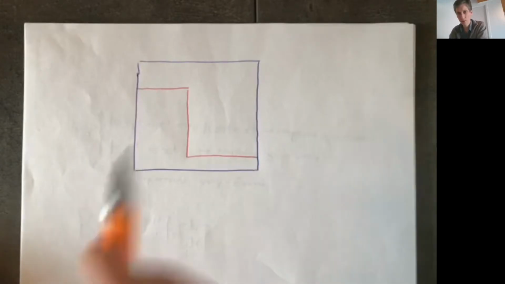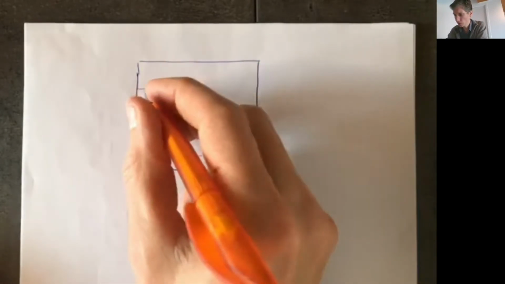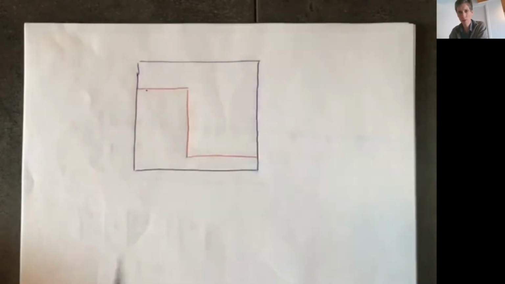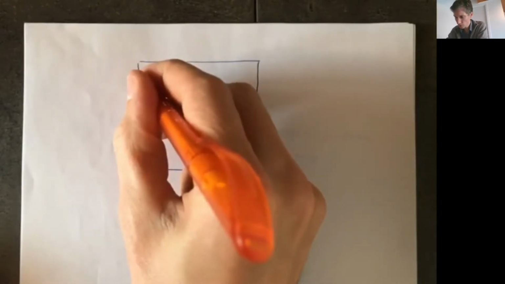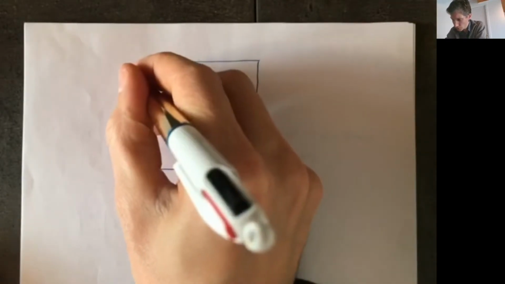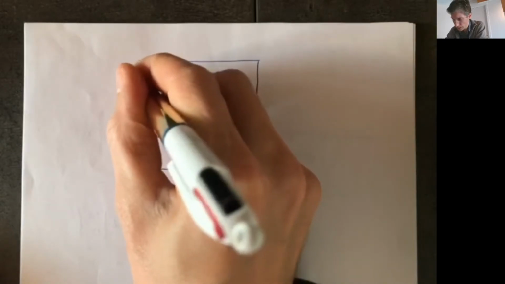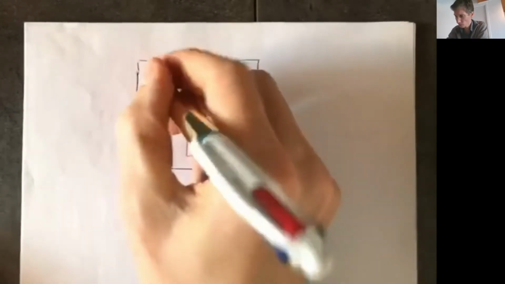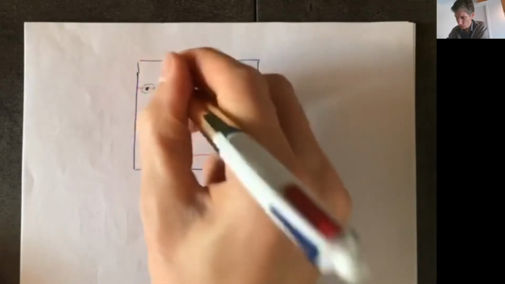So what is the idea? The idea is that for each point in the correspondence, for example this one here, I will consider a ball of some radius epsilon around this point. And I will also do this for this point of the correspondence.